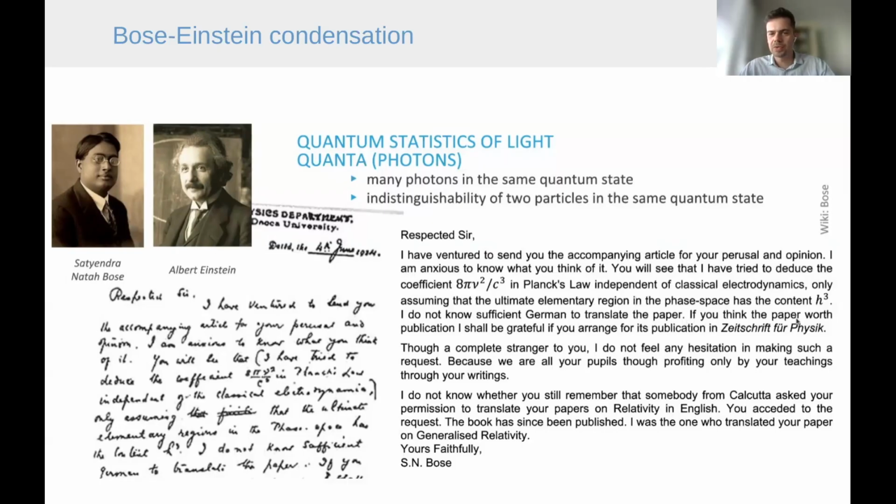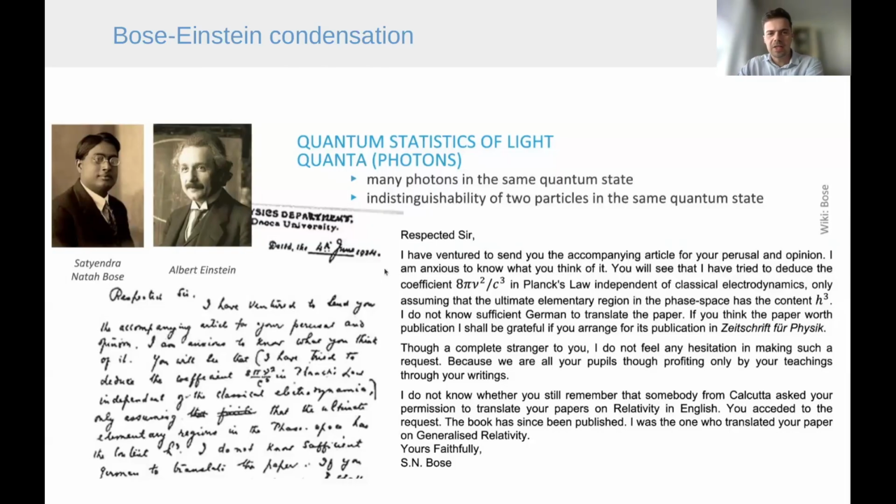If you think the paper worth publication, I shall be grateful if you arrange for its publication in Zeitschrift für Physik," which was one of the top, if not the best journal at the time. And then there are some explanations of who he is and why he wrote to Einstein.